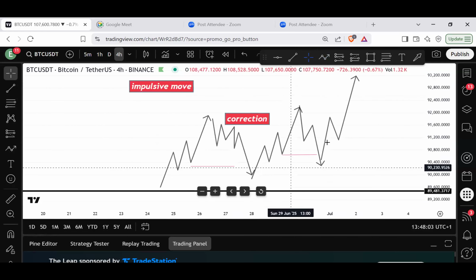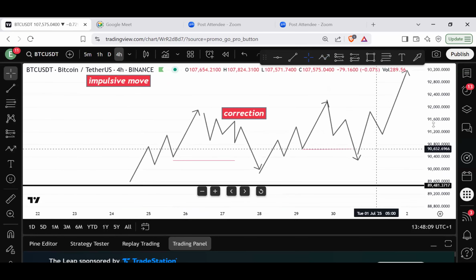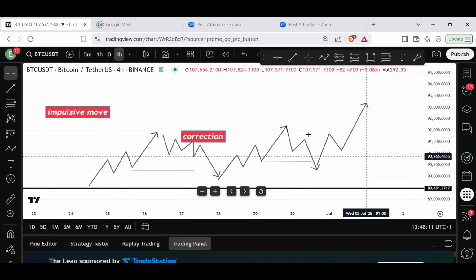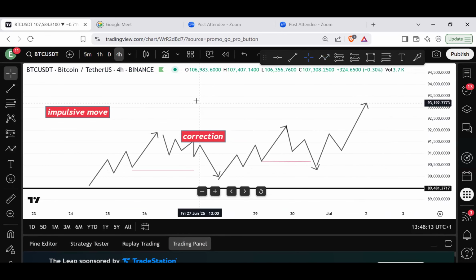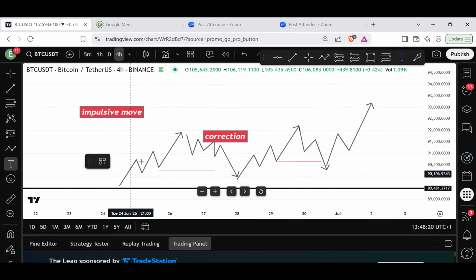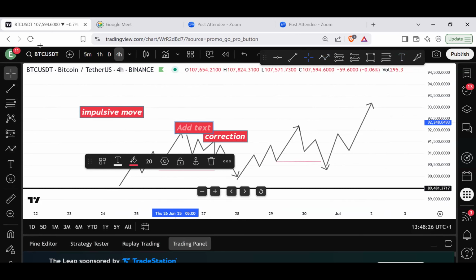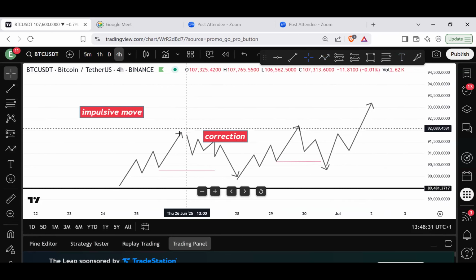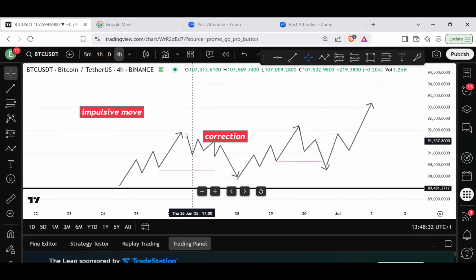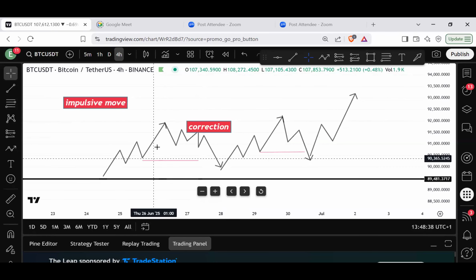Good. So now at this point, I think in the first session we had, you were asking about higher high, higher low. So when this impulse started and happened there, the highest point of the impulse, after that the correction starts.